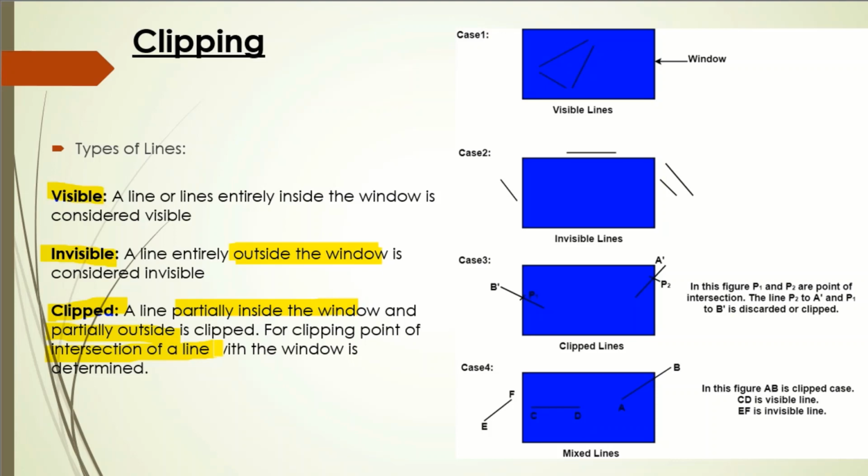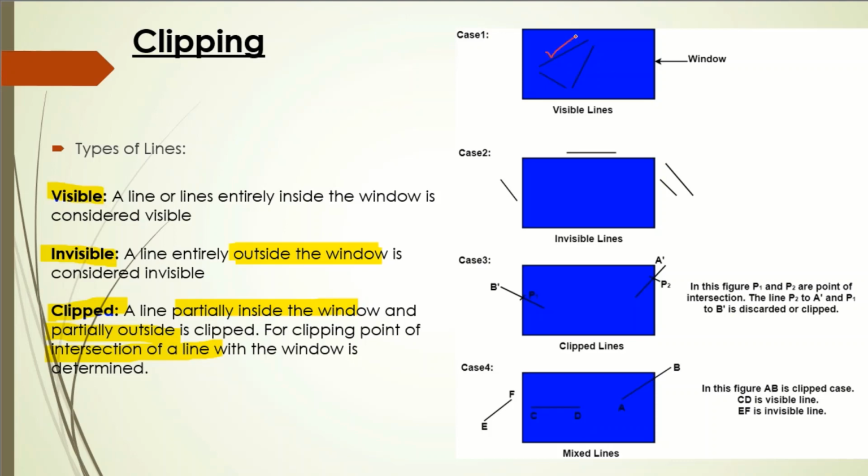So with this figure on my right hand side, I hope you have a better view of this explanation. We will go through case by case. For case number 1, those lines are inside the clipping window. There are 3 lines inside this.